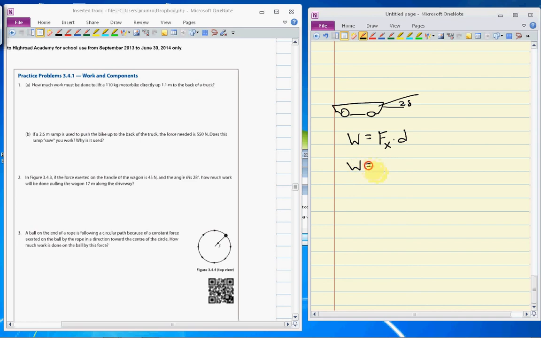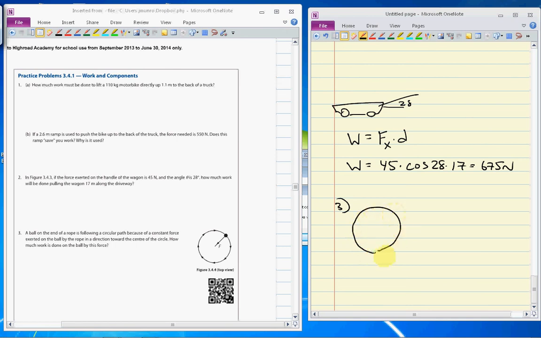So work is going to be equal to 45 newtons of force times the cosine of 28 times 17, the distance that it traveled, or 675 joules.